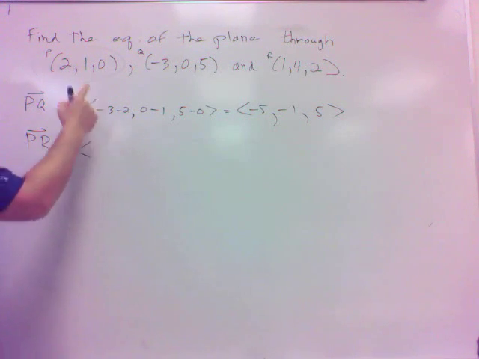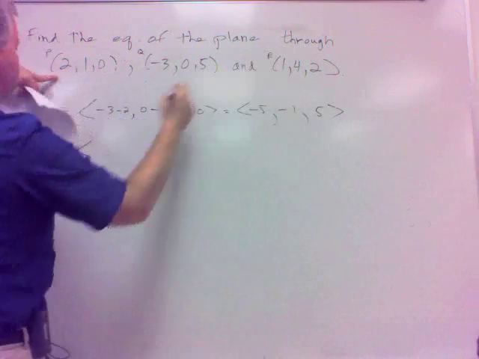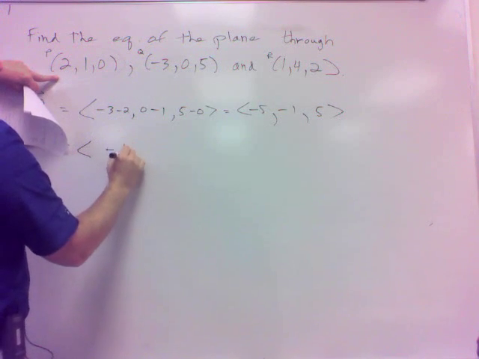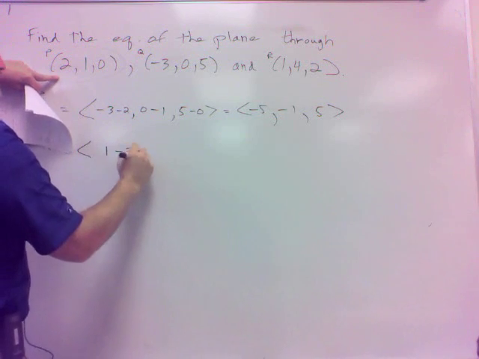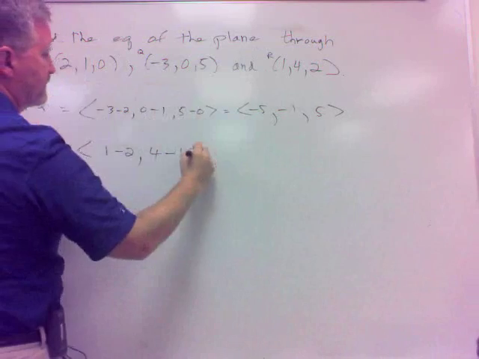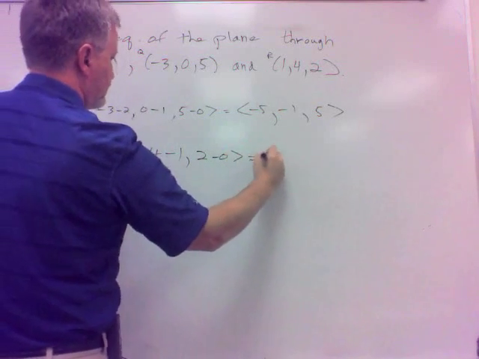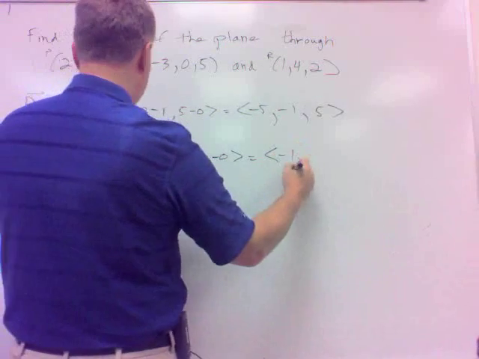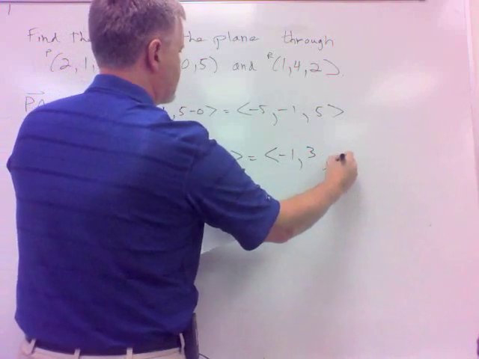Then the PR, subtract those. 1 minus 2 would be negative 1. Let's write it down. 1 minus 2, 4 minus 1, and 2 minus 0. So that's negative 1, 3, and 2.